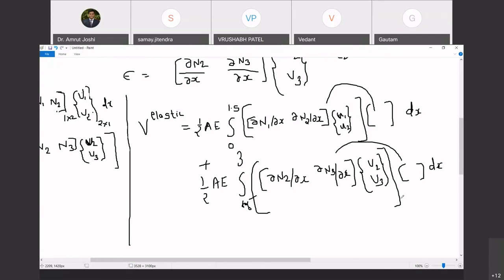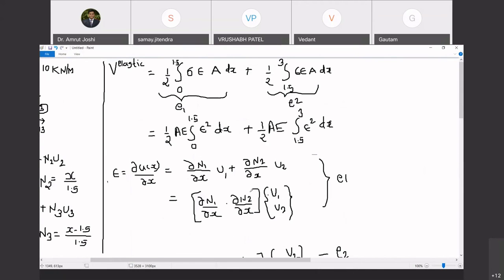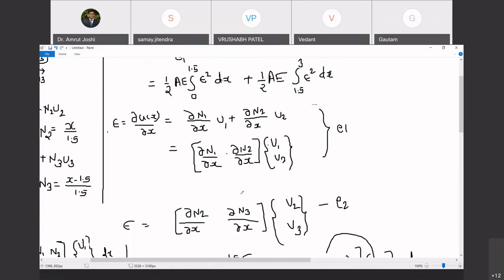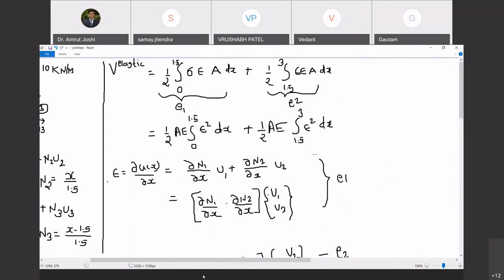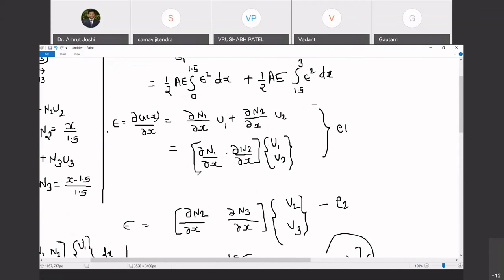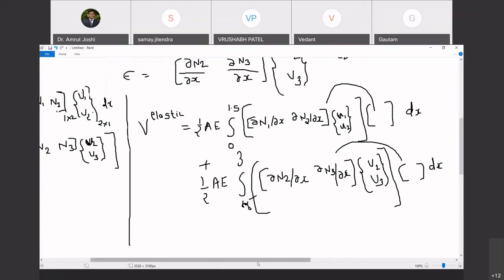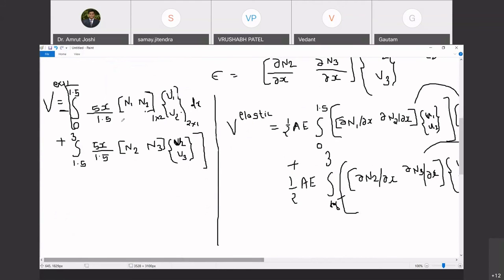Agreed? Now, to apply the principle of minimization of potential energy, we will have to differentiate the addition of the elastic potential energy and the external potential energy, and then take the differentiation with reference to U1, U2 and U3. Do you agree with me?